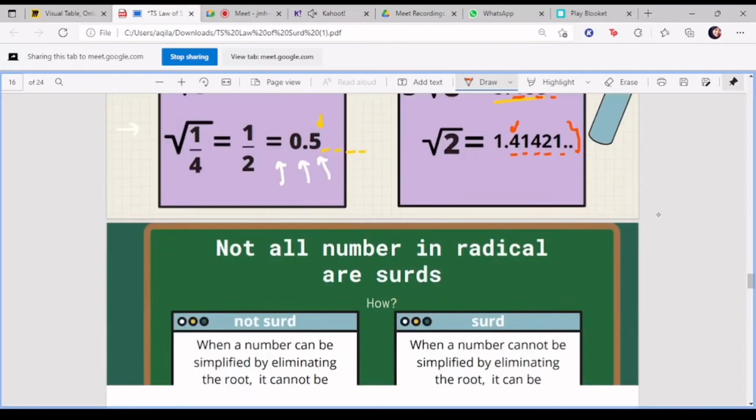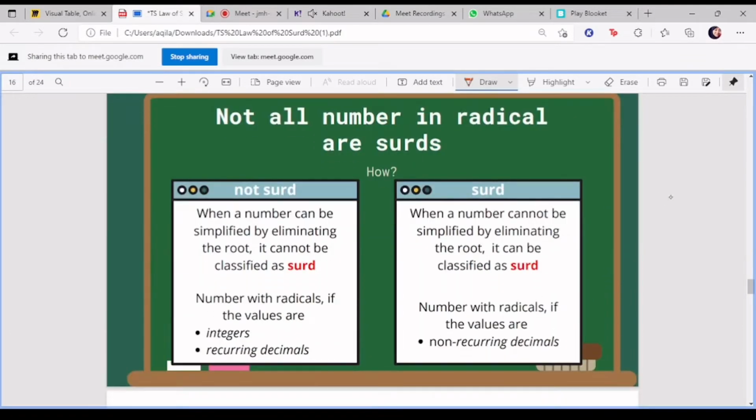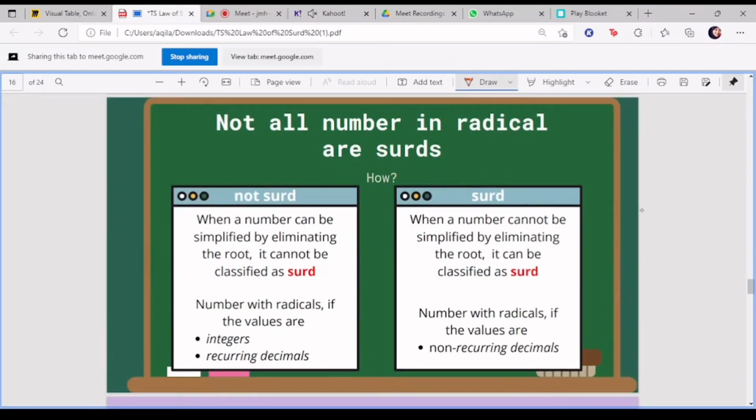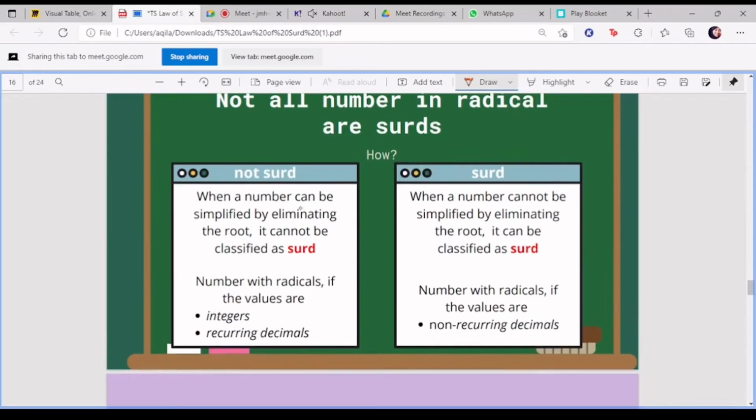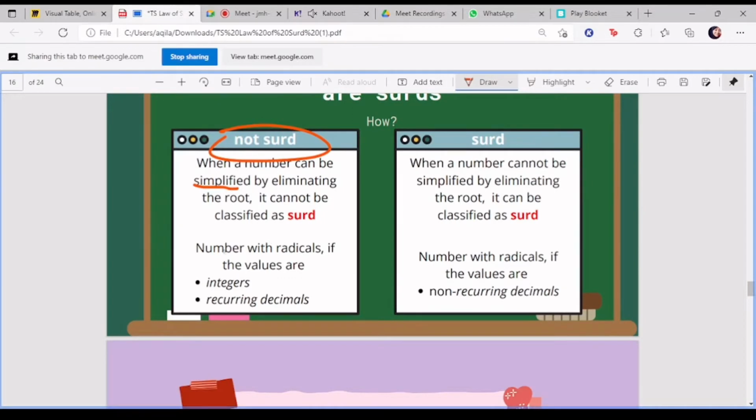So basically, not all numbers in radicals are surds, because when a number can be simplified by eliminating the root, it cannot be classified as a surd. That is why we call it not a surd. For example, root 4 will produce 2, right?